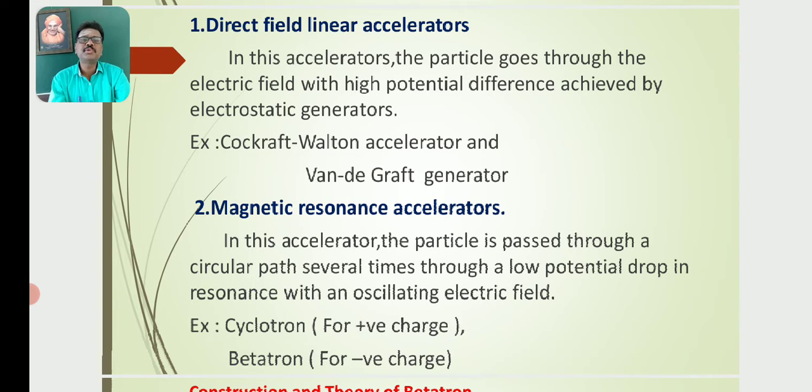There are two types of magnetic resonance accelerators: the cyclotron and the betatron. The cyclotron is the accelerator which accelerates positively charged particles.